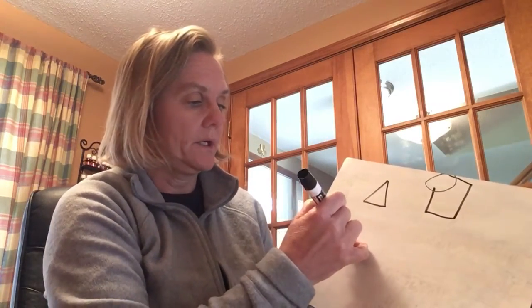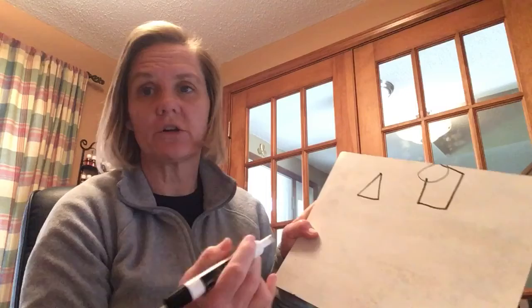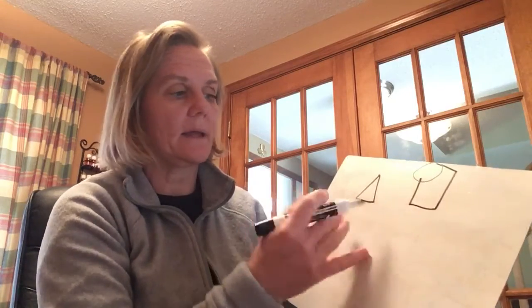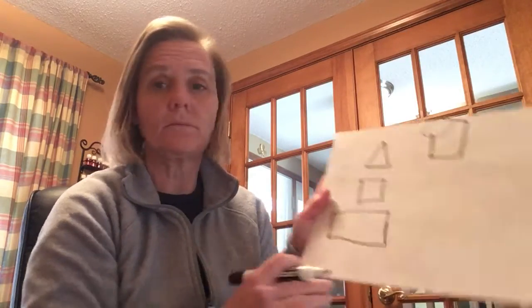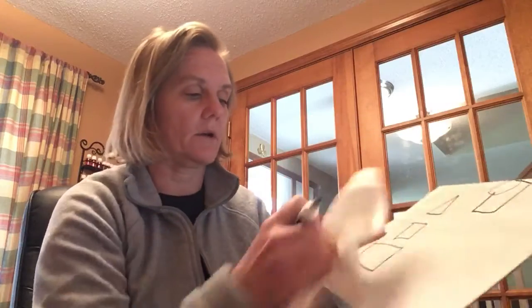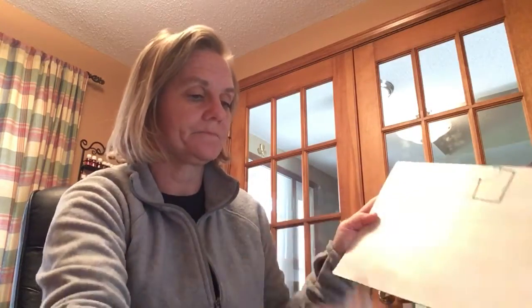Also, your polygon can't have any curvy lines. Polygons have straight lines. So there's your triangle, your square, your rectangle. None of them are curved. Well, mine might look a little curvy. It's supposed to be straight, exactly straight across. If I had a ruler, it would be much better.